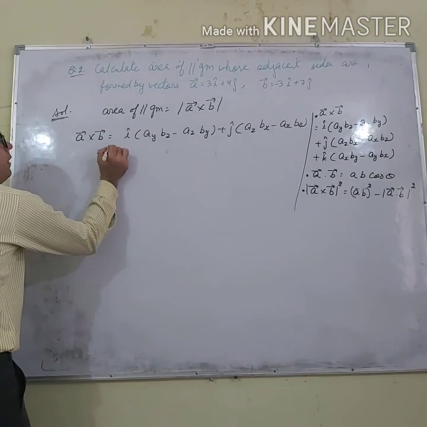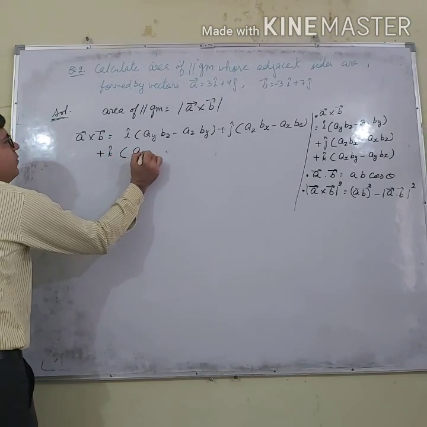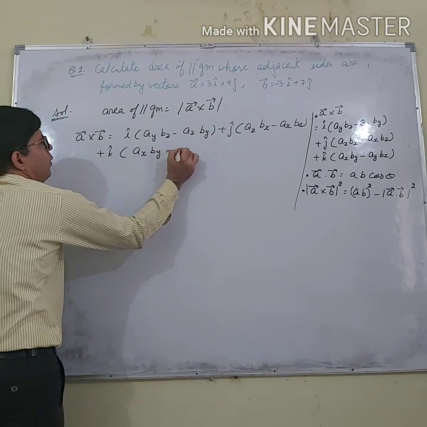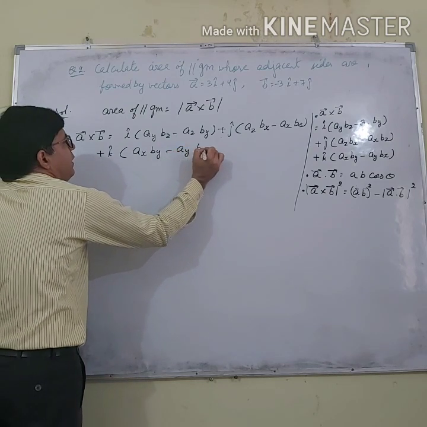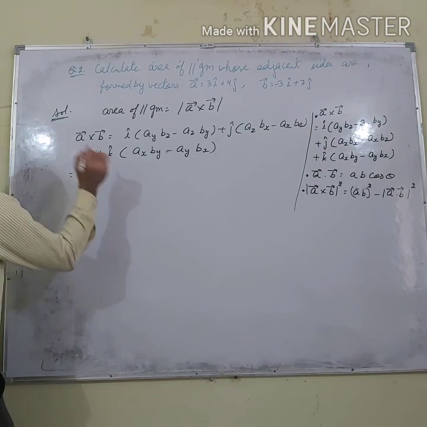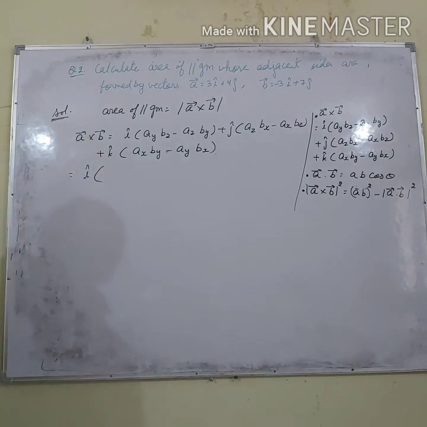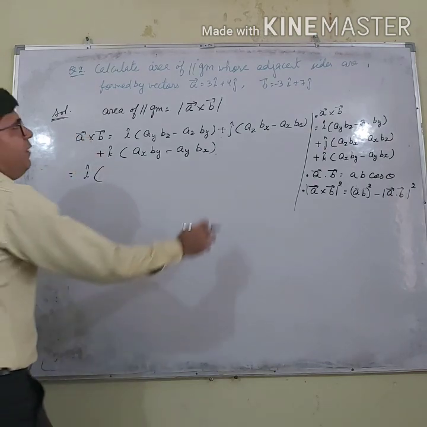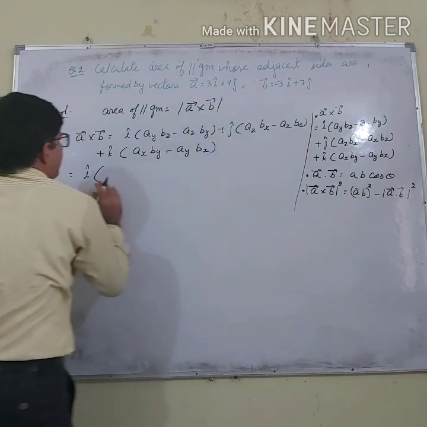Plus k cap: XY, because they are in sequence, AX BY minus AY BX. Now what is AY? AY here is 4. So let me write here.